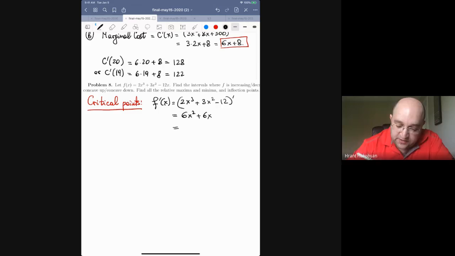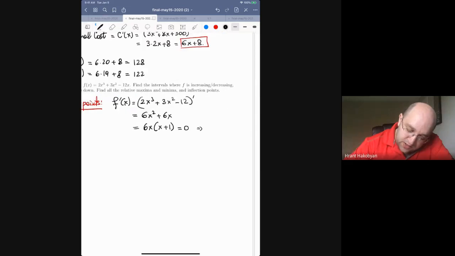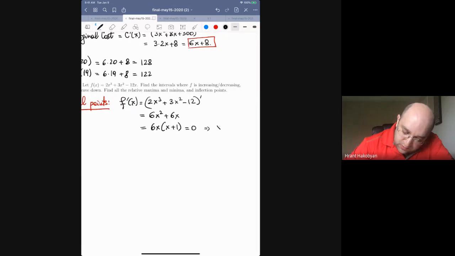So I can factor 6 and then x, so it's going to be 6x times x plus 1. So if I set this equal to 0, I get that x equals 0 or negative 1. So those are my critical points. I have two critical points, x equals 0 and x equals negative 1.